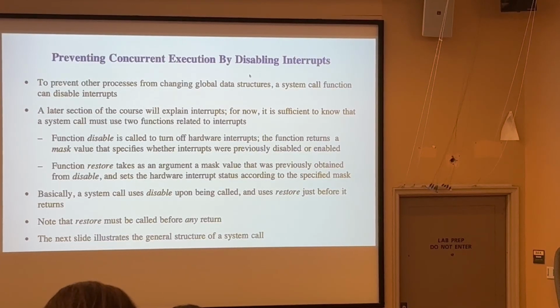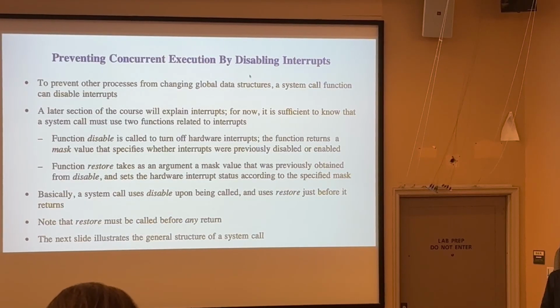Why is disabling interrupts able to prevent concurrency issues? It's explained here, but can anyone explain it intuitively? Why can disabling interrupts prevent concurrency issues? Yes?